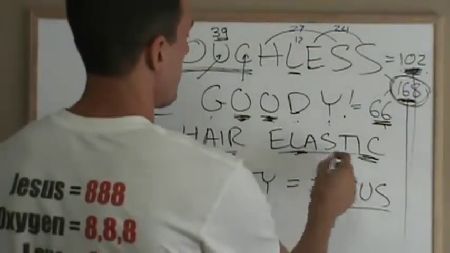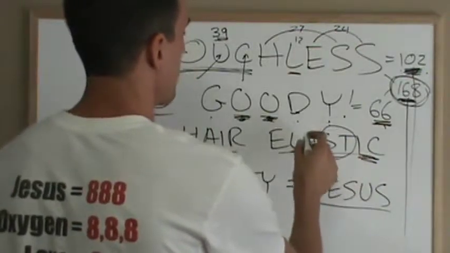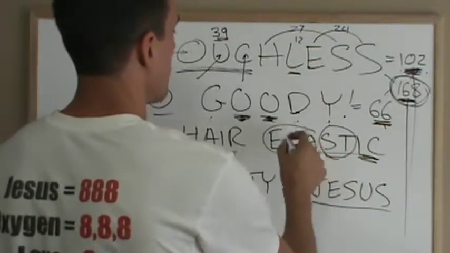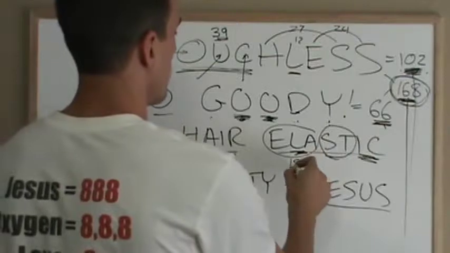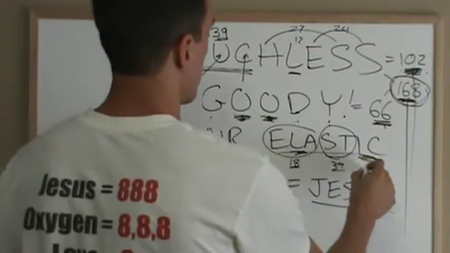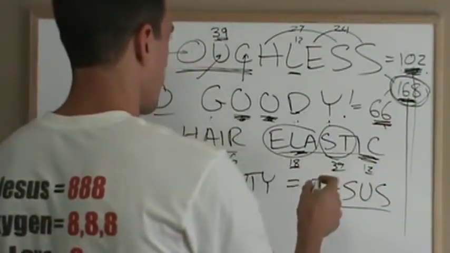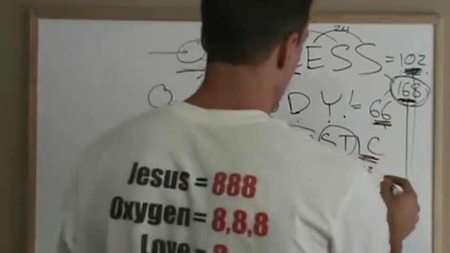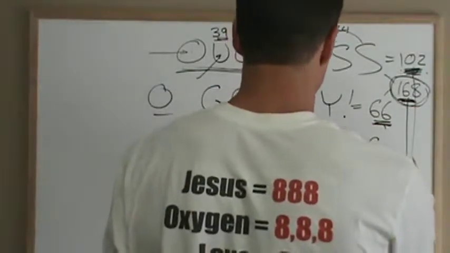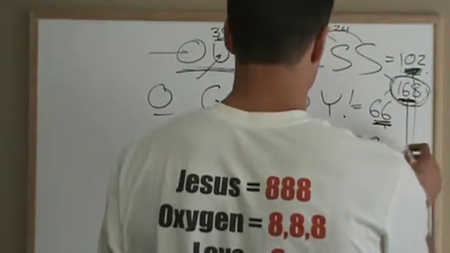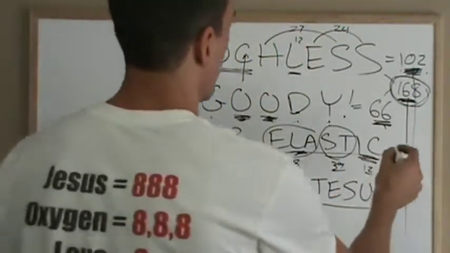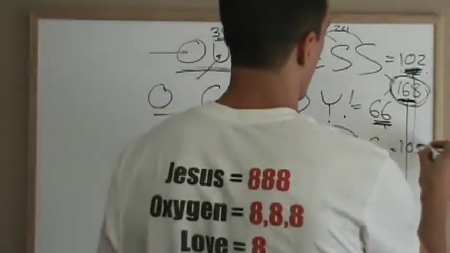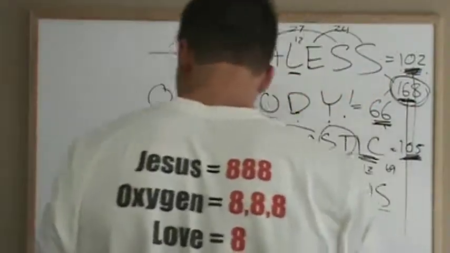These divide by 3. ST are the marriage couple made in heaven. They make 39. This makes 6, so this is adding to 18 in total. 39, 12. Elastic was 51 plus 18 is 69. So a hair elastic altogether was 105. Wow, that's genius. I mean, look at the parallelism here.